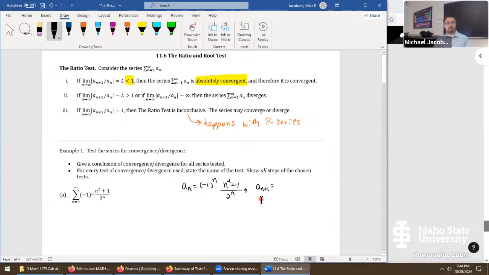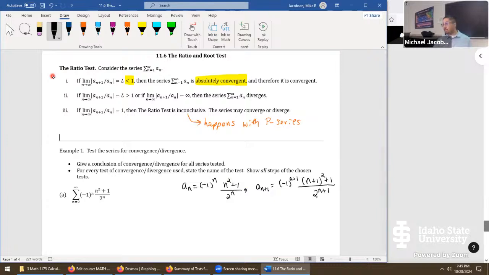Here's the successive term, a_(n+1). It would be (-1)^(n+1) times (n plus 1) squared plus 1. That came from this portion right here. And from here, it will be 2 to the power n plus 1. So with those two written out, the test is now really rapid.